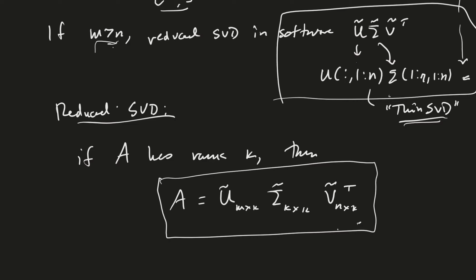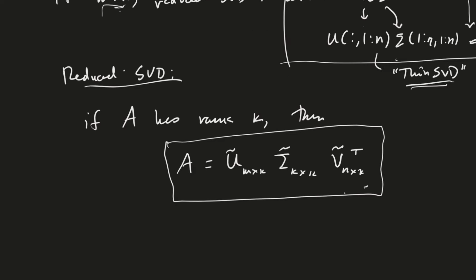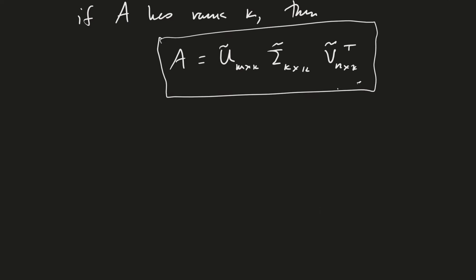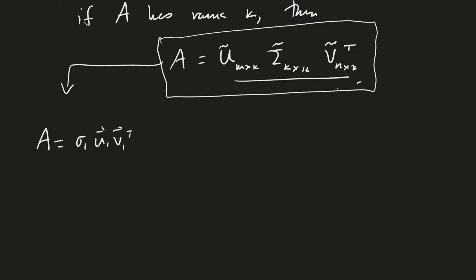By the way, it's really obvious when you see that A, using this decomposition, you can write A using the little outer products. And so instead of writing this out as a matrix product, you can actually write this as sigma 1 U1 V1 transpose plus sigma 2 U2 V2 transpose plus, and so on, plus sigma k Uk Vk transpose.